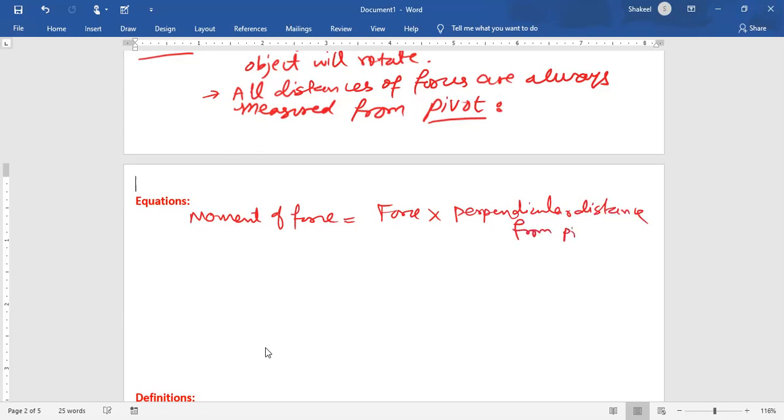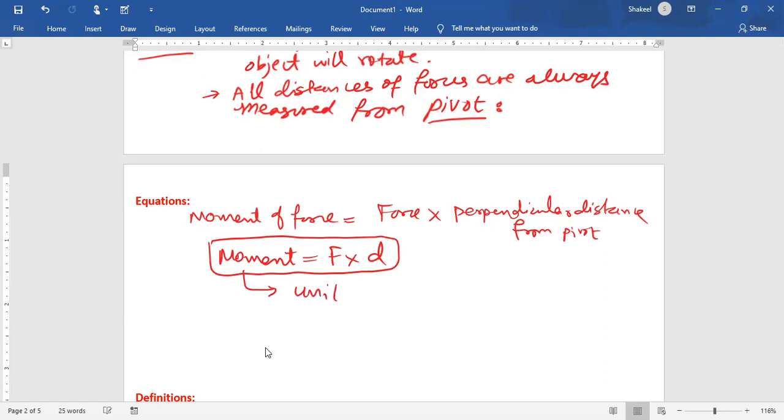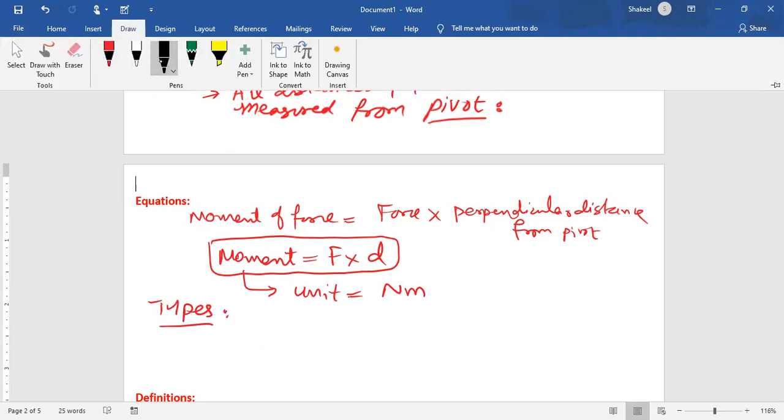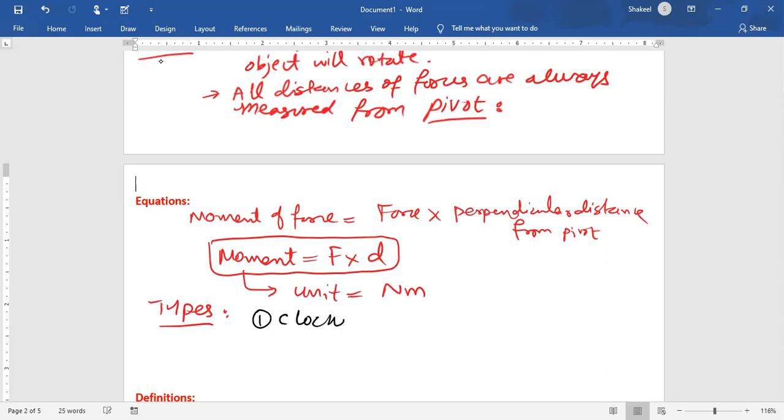In other words, we can write it as moment equals force times distance, and its unit will be Newton meter. Its types are clockwise moment and anti-clockwise moment. The first one is clockwise moment and the second is anti-clockwise moment.